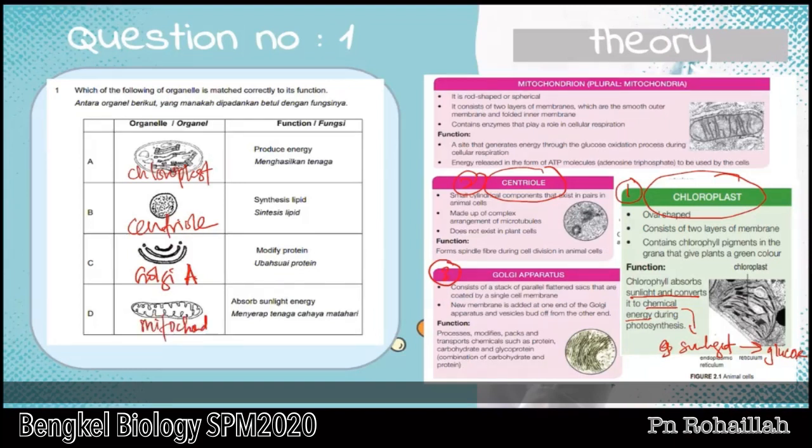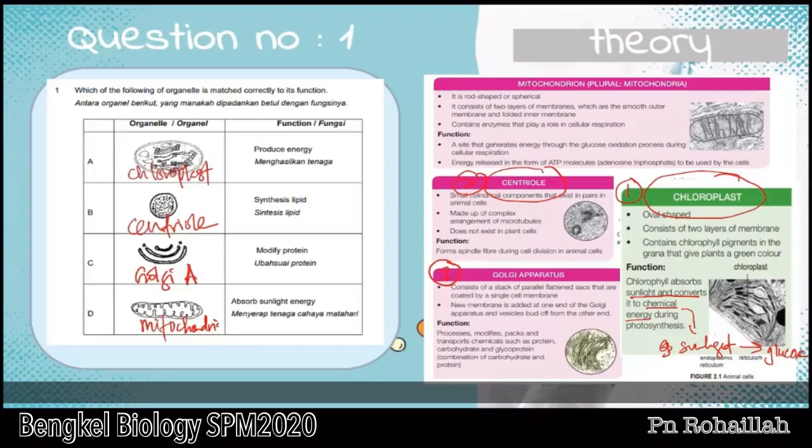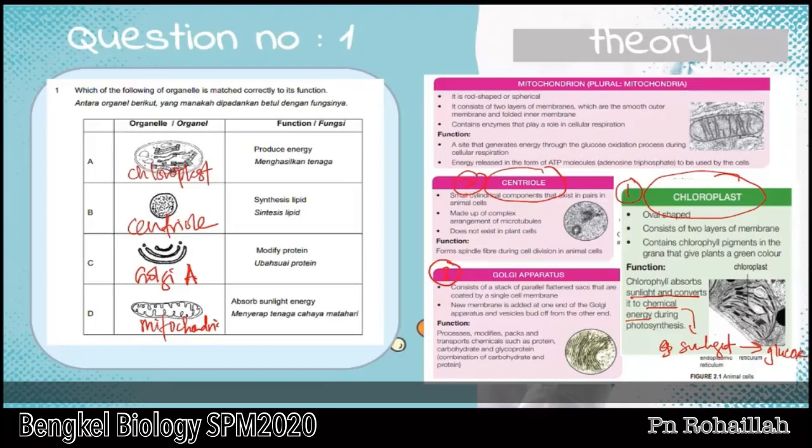Okay, so after you identify the structure, now we go to the function. Okay, so we know that chloroplast, the function is to convert the sunlight energy to chemical energy. So, of course lah, you look at the function given to you. Salah kan? So, bukanlah jawapan dia because the question asks you to find the correct answer. Okay, and then centriole.